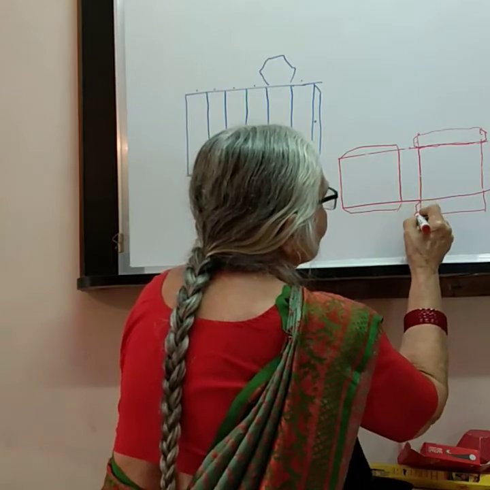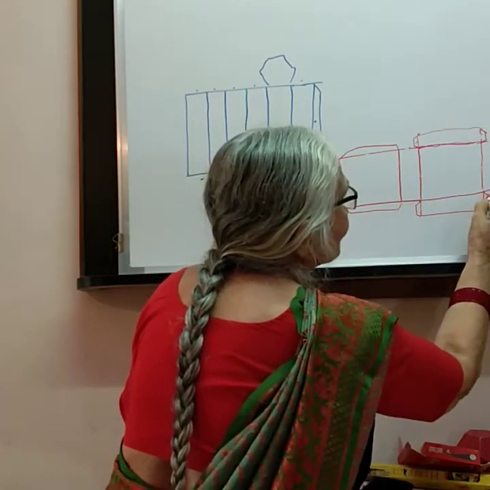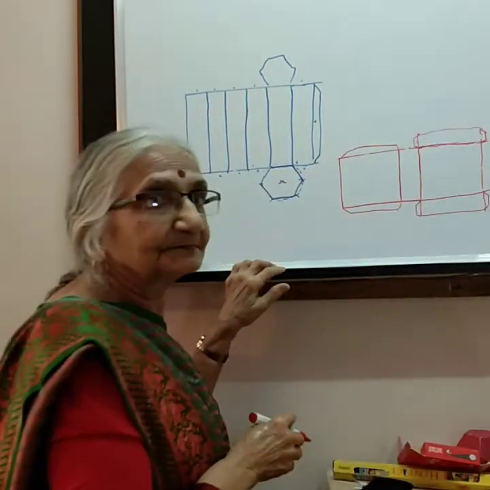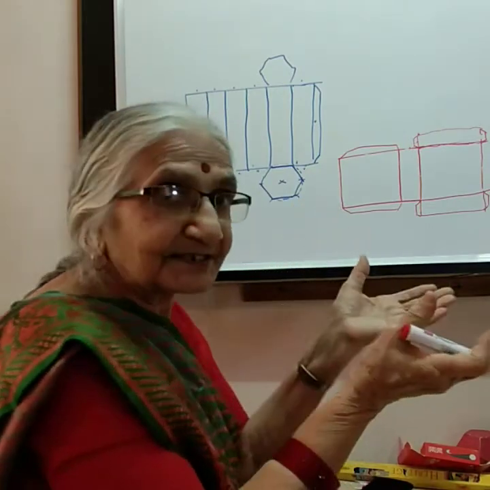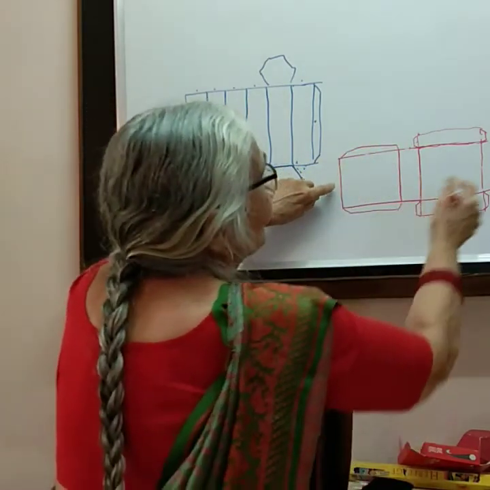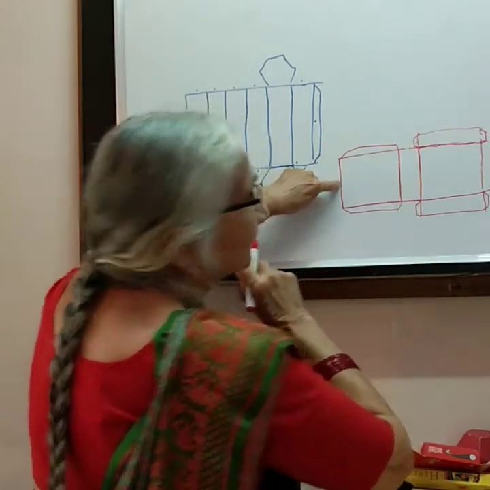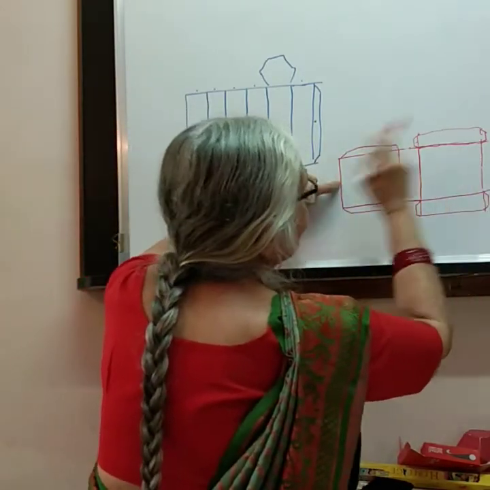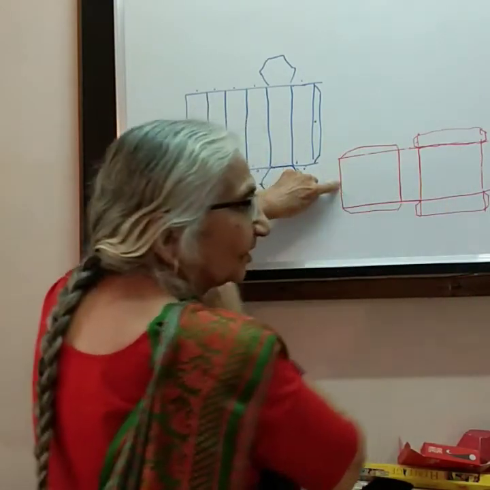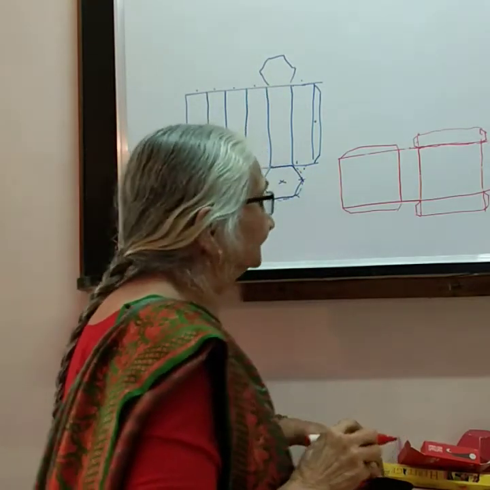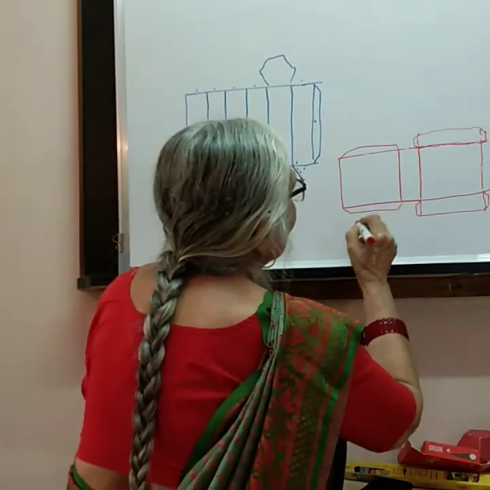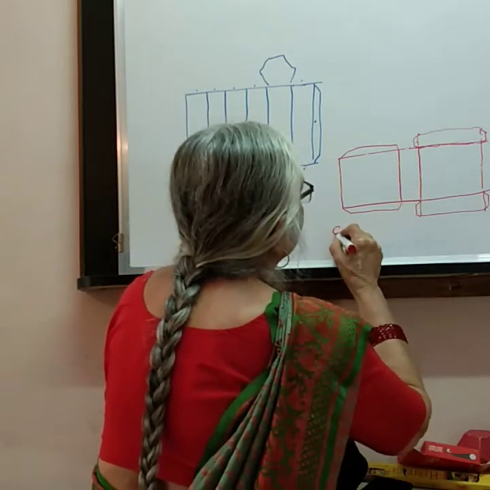Leave this, take this. Leave this, take this. Leave this, take this. Now, the checkpoint would be that when we did these alternate ones, this we did not take a tab, but we know that this tab is going to come here, so we did not want a tab here, so things are right. Okay, so this is for a cuboid.